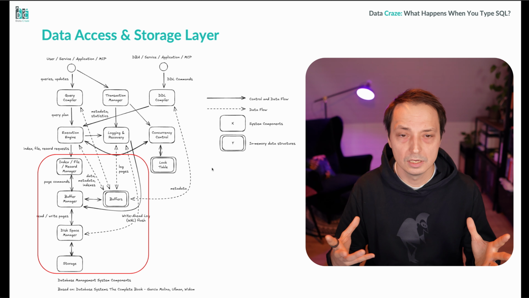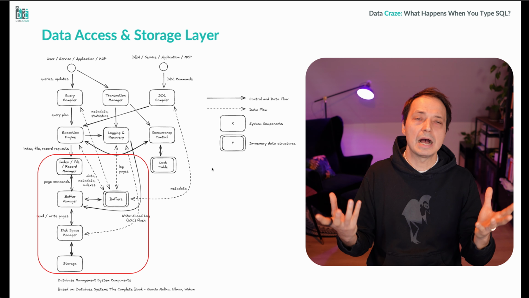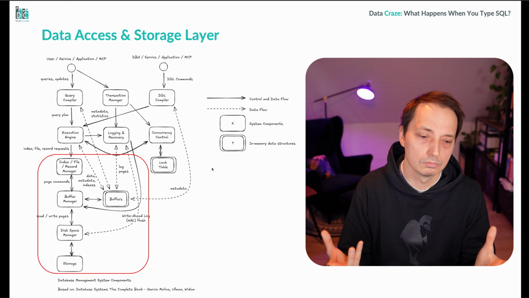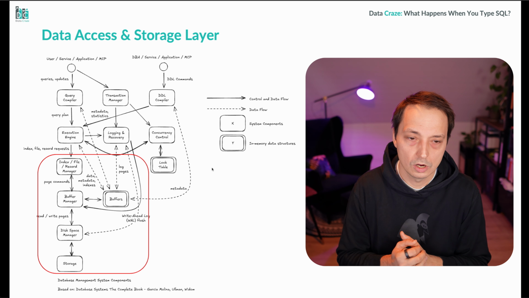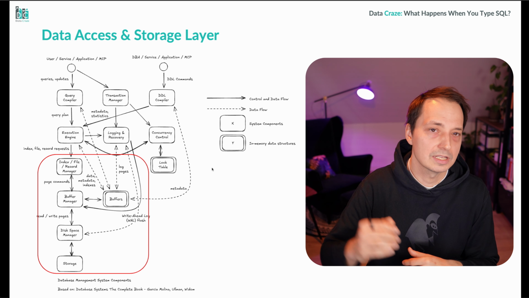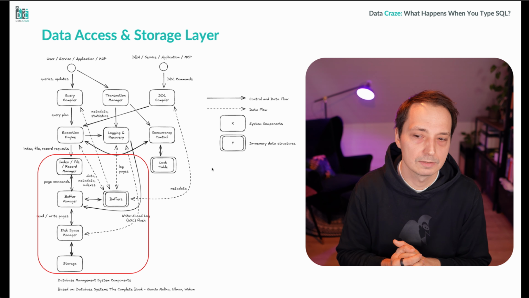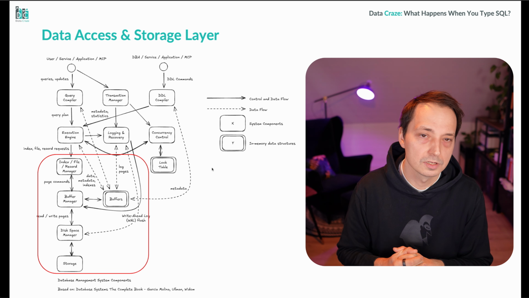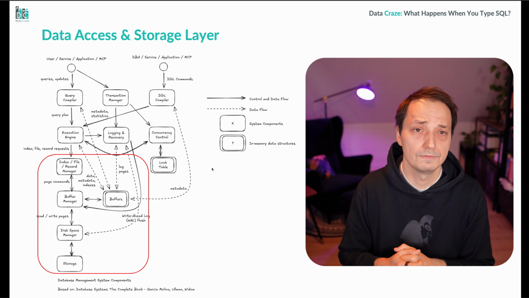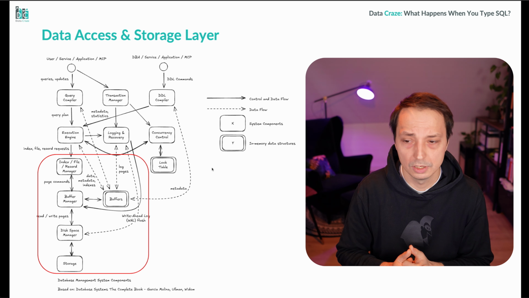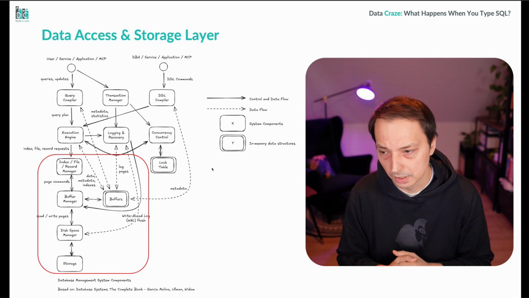It maps your data requests into logical structures. So from select star from products, it maps to specific pages on your storage system and checks whether a specific index is actually useful to use there.